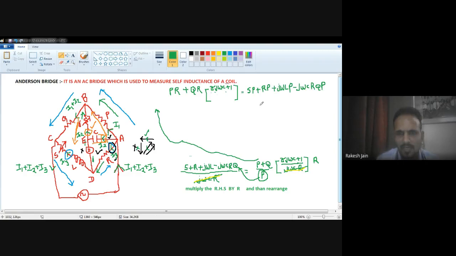Okay, and at the left hand side, now this PR and this term will be multiplied by R j omega C plus 1. So PR R j omega C plus PR plus QR R j omega C plus QR.